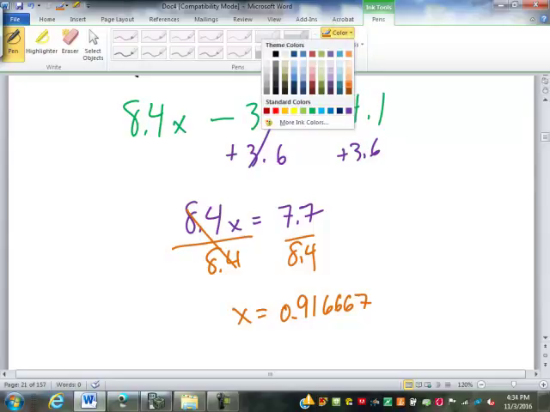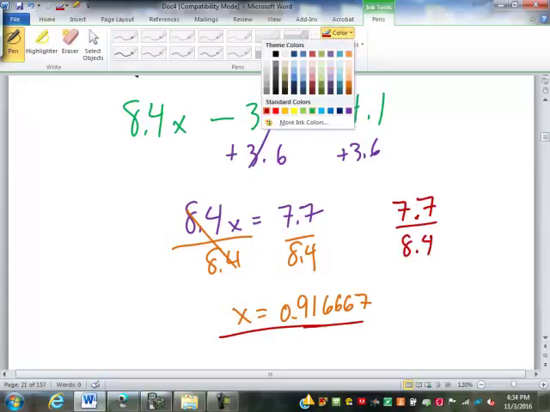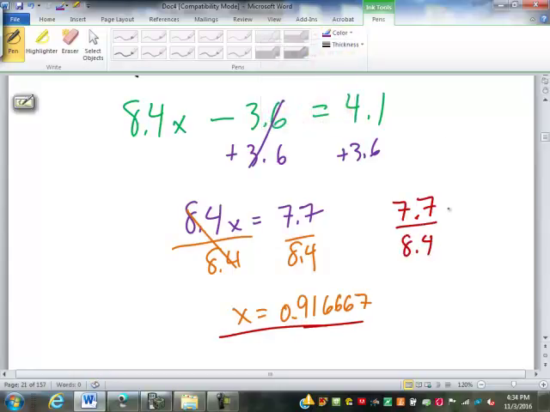Now when we're combining fractions like this, I did this a different way, but if you have a fraction like this that we're going to divide out to make a decimal, 7.7 over 8.4, obviously we're going to move the decimal point so we're not dividing by a decimal. So both of them get multiplied by 10 to make 77 over 84.